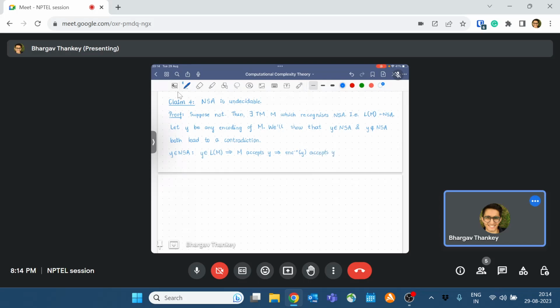Because Y is just the encoding of M, so N inverse Y is going to be M. So these two statements are exactly the same, which implies Y cannot be in NSA.